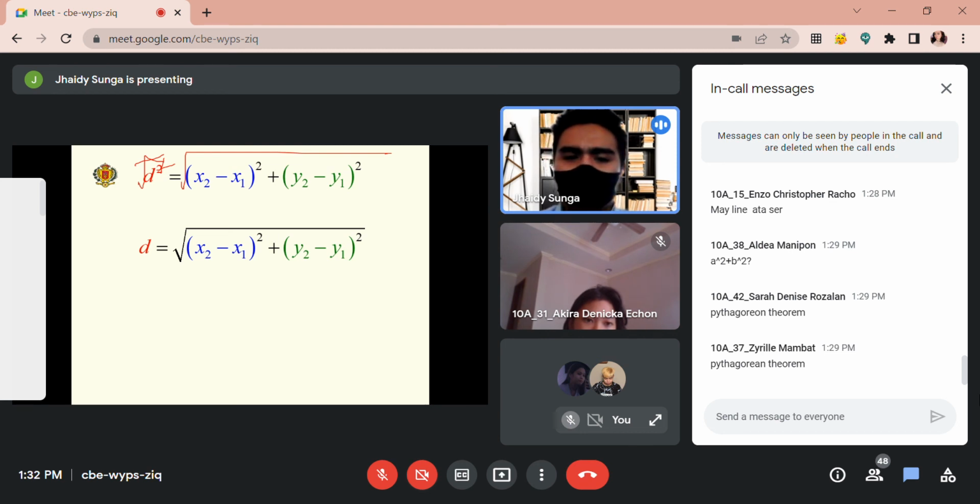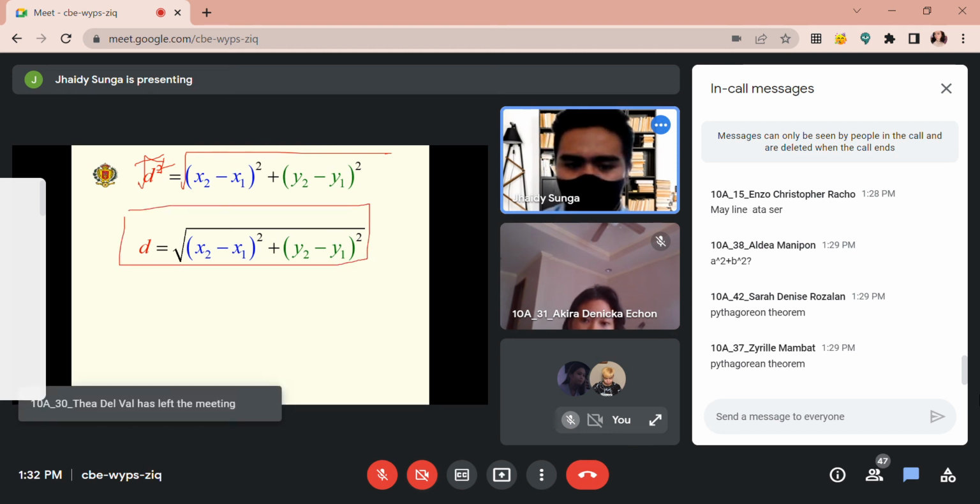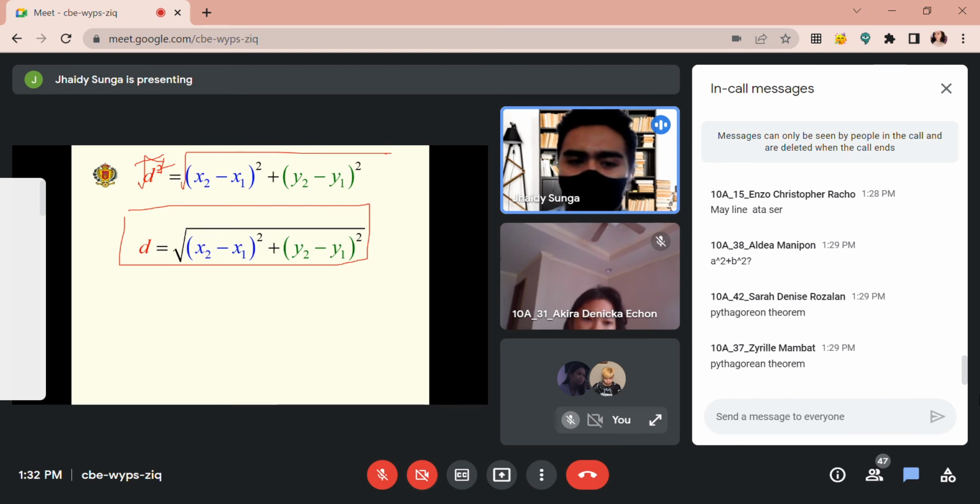The final formula for getting the distance is d equal to the square root of the quantity x sub 2 minus x sub 1 squared plus the quantity y sub 2 minus y sub 1 squared.